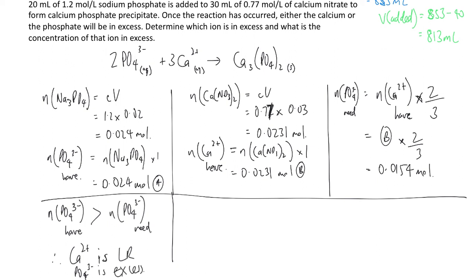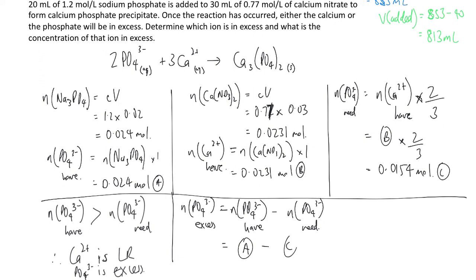So now the number of moles of phosphate ions in excess will be equal to the number of moles of phosphate ions I have, subtract the number of moles of phosphate ions I need. I was lucky to pick the right one that I needed, so I've got A, and I've still got this value here, which I'm going to save as C. A subtract C is equal to 8.6 times 10 to the negative 3 moles.